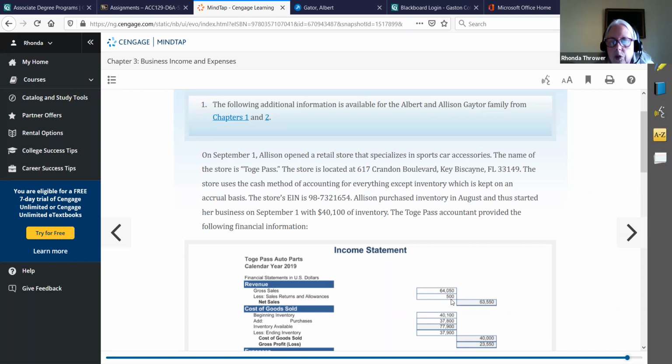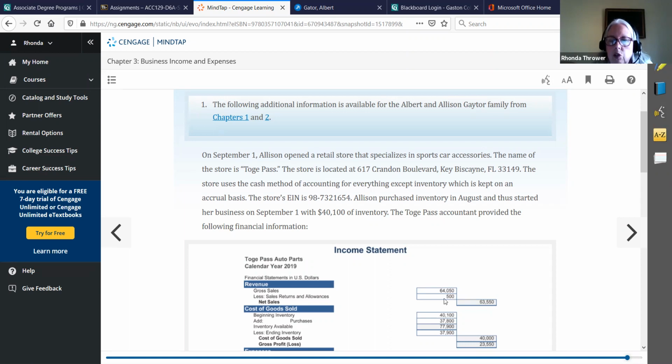That's where it came from. The difference between the sales returns and allowances and your gross sales is what we call net sales. And the net sales amount for this company is $63,550.